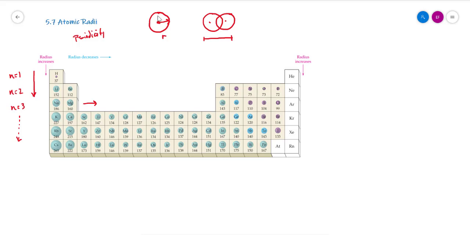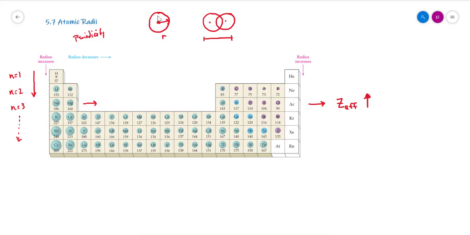We're packing it full of protons and neutrons. The reason this is the case is because as we move from left to right, that effective nuclear charge gets bigger.